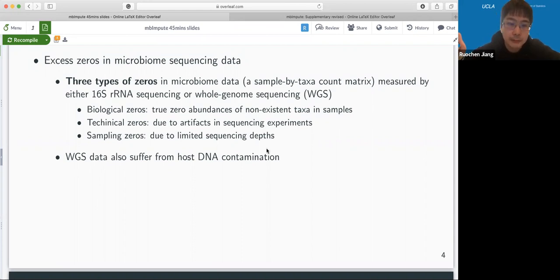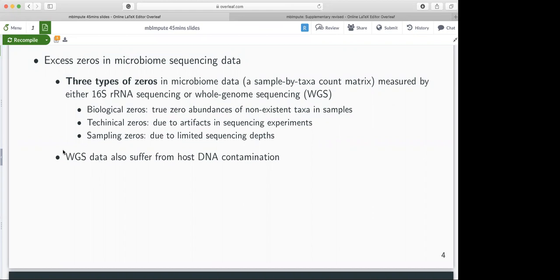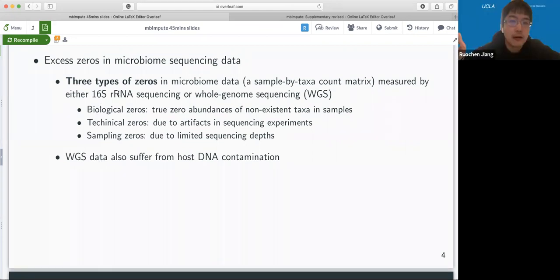Whole genome sequencing is different from 16S rRNA sequencing, because 16S is RNA sequencing, and whole genome sequencing is basically DNA sequencing. However, it still has a lot of zeros because it suffers from host DNA contamination.